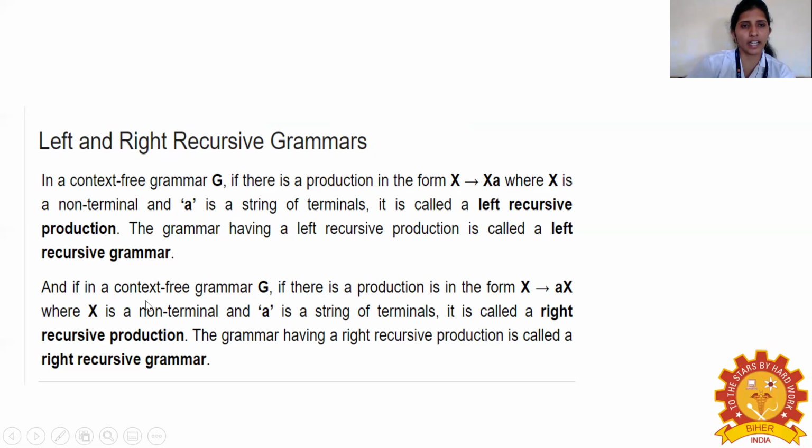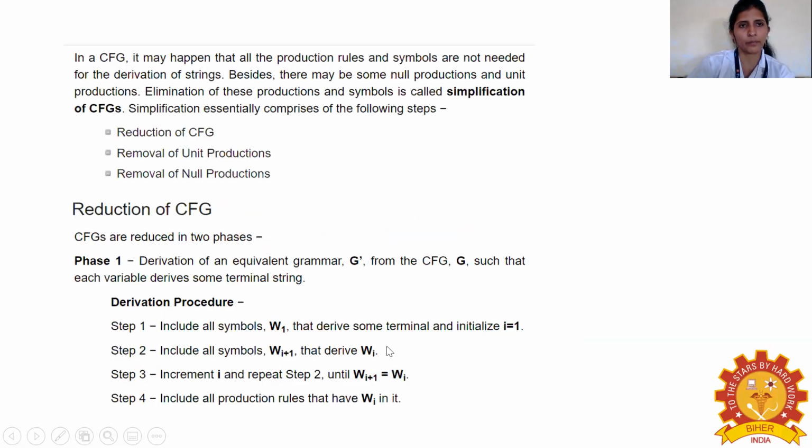And if in a context-free grammar G there is a production in the form X → aX, where X is a non-terminal and a is a string of terminals, it is called a right recursive production. The grammar having a right recursive production is called a right recursive grammar.